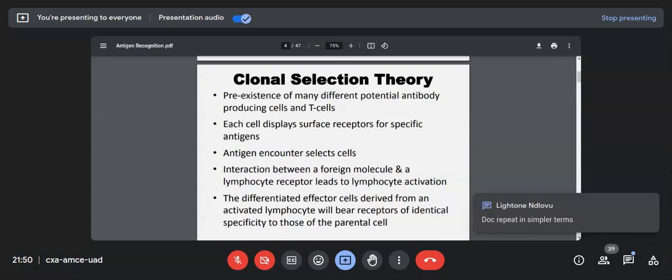Yes, my question is that for those that do not cause an immune response, they don't have any effect on the body cells or the person? Exactly, exactly. They just attach.